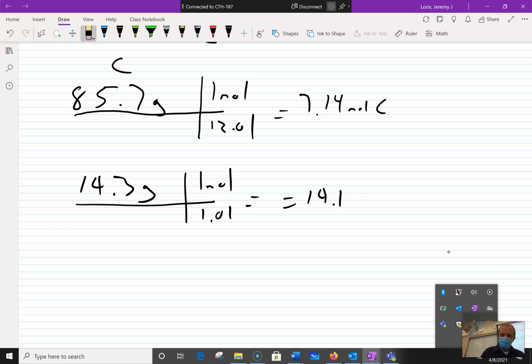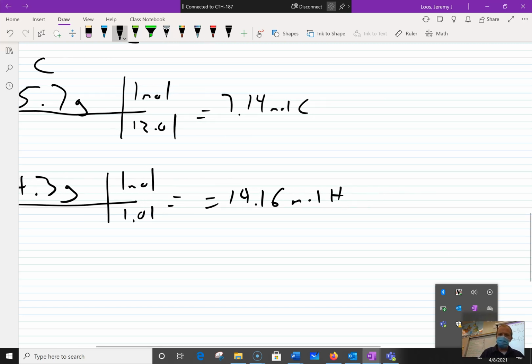And in these kinds of problems, okay, 40.16. So percent to mass, mass to mole, divide by smallest. So this is going to be 1. This is going to be very close to 2.